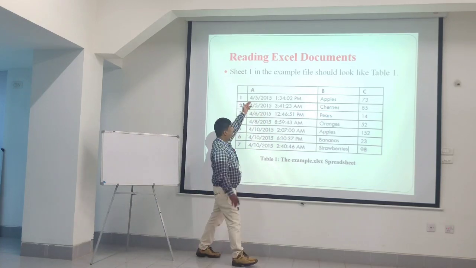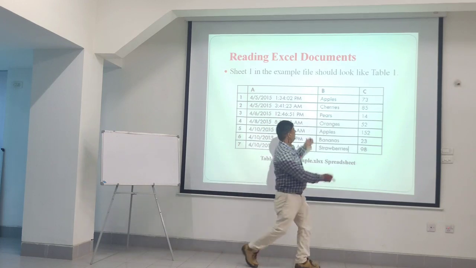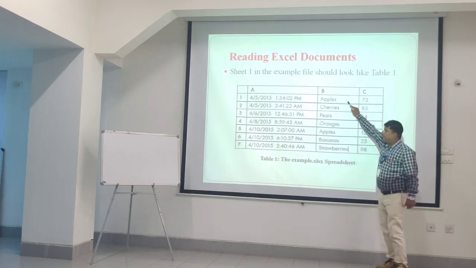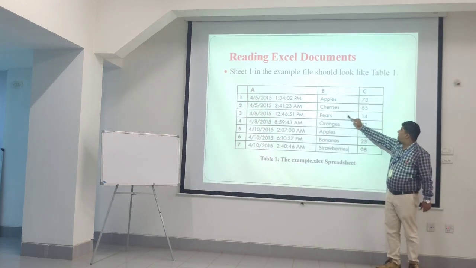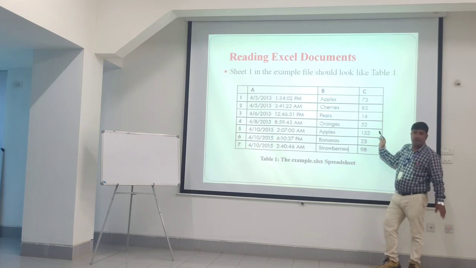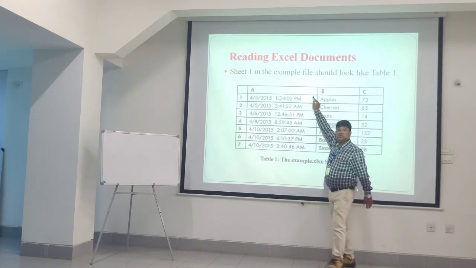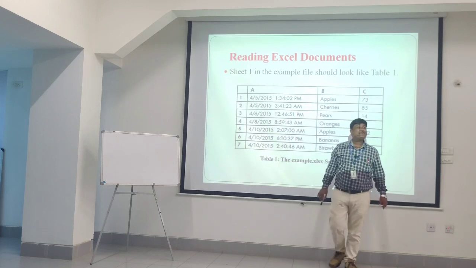In column A I stored some dates. In column B I stored apples, cherries, pears, oranges. In column C I stored some values: 73, 85, 14, 52. Now what is this? A cell. Which cell?